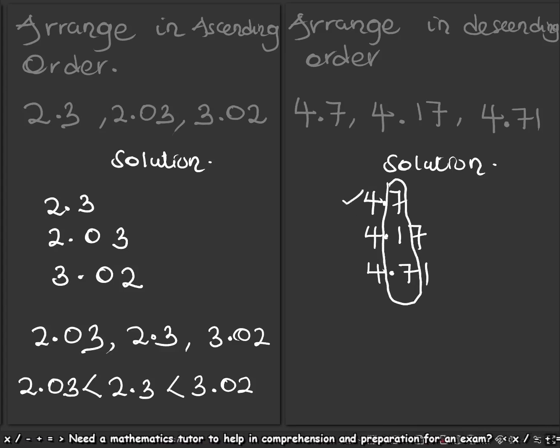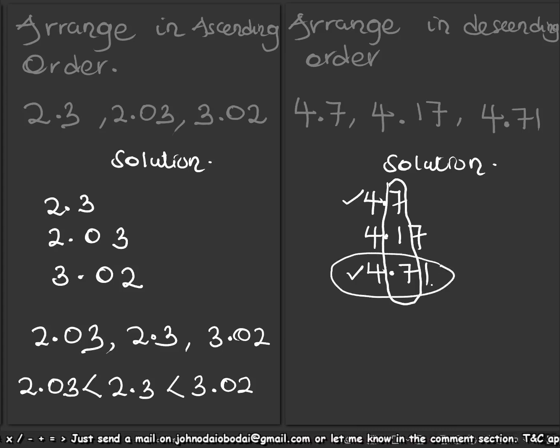Among them, this and then this are the same. You see, they are the same. Hence, we would compare their hundredth as well. Over here, there is nothing over here, you see, but here there is a 1. Hence, we can say that this one having a 1 and this having a 0, the 1 is bigger.